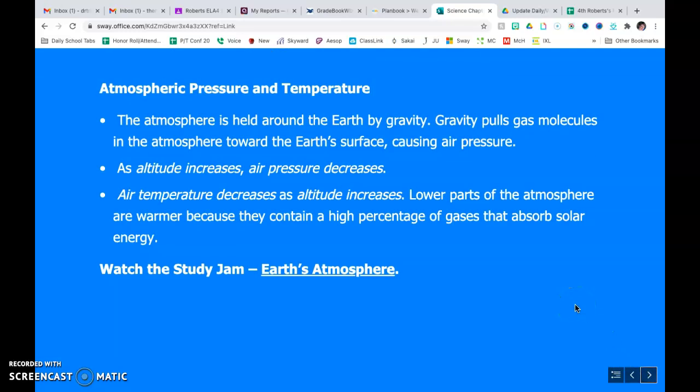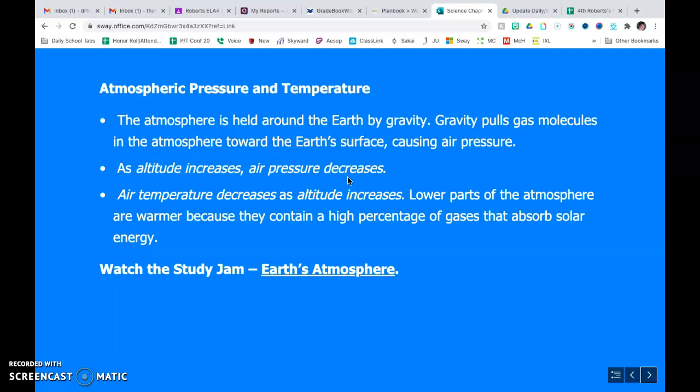Okay, we know that the atmosphere is held around the Earth by Earth's gravity. Gravity pulls gas molecules in the atmosphere toward the Earth's surface, and this is what causes air pressure. Think about it, it's pressing down, so air pressure. As altitude increases, air pressure decreases.